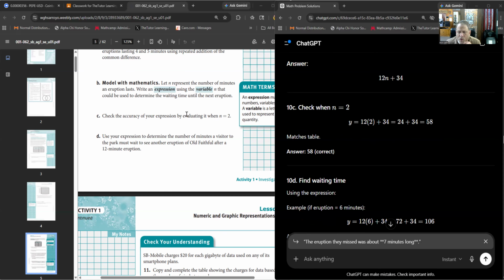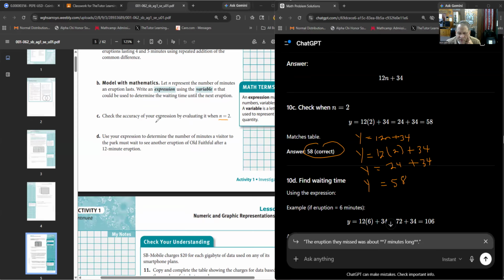Well, remember, we're going to do y equals 12n plus 34, and we're going to insert our 2 in, right? n equals 2. 12 times 2 plus 34, okay, which gives us 24 plus 34, and y equals 58.